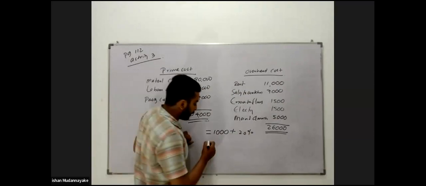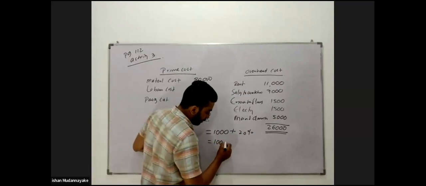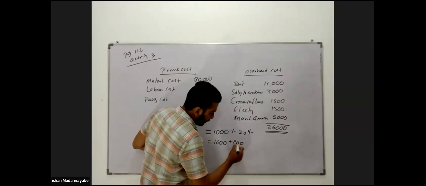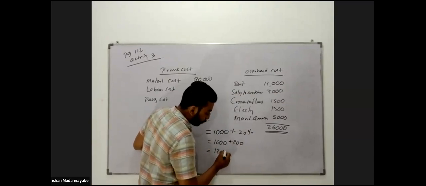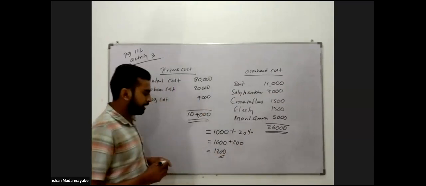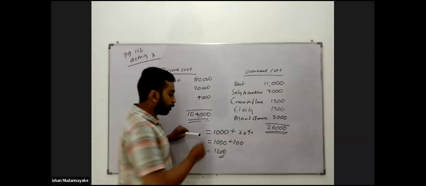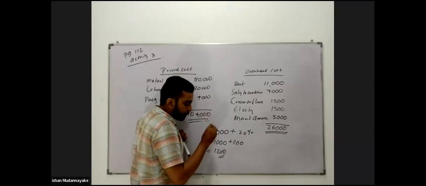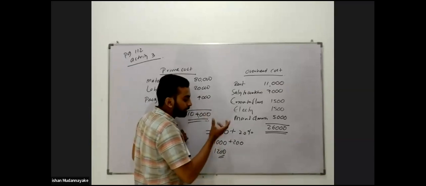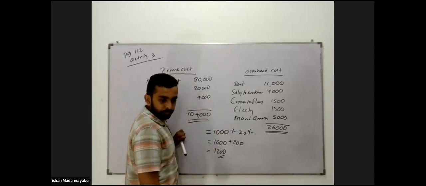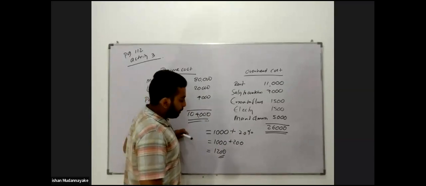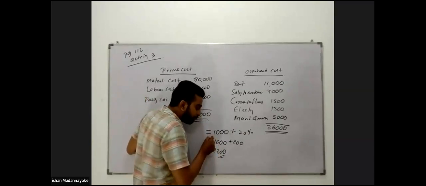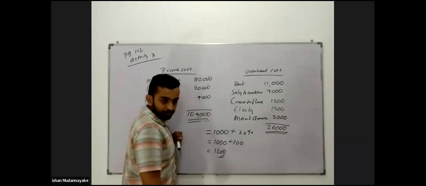Then production cost 1,000, profit 200, selling price 1,200. This is called cost-based pricing. To the cost, the business organization adds a certain percentage as profit.